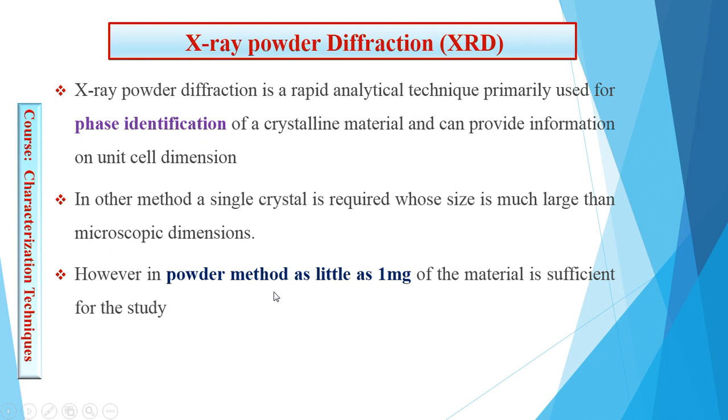However, in the powder method, as little as 1 milligram of the material is sufficient for the study. It is the advantage of this technique that we require a very small amount of material to investigate its phase identification and unit cell dimensions.